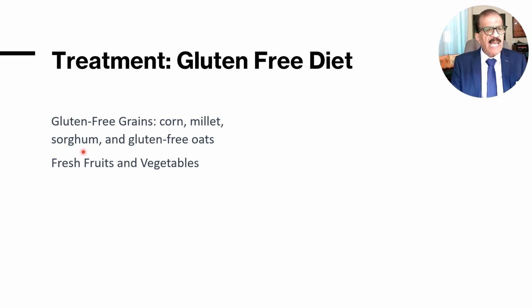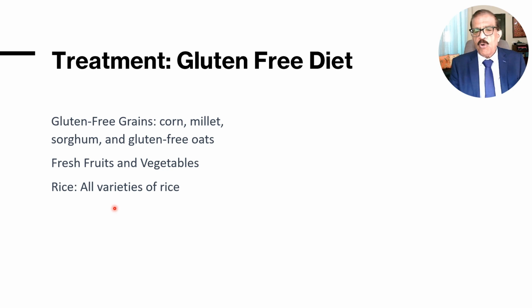I would also include rice here. If somebody cannot consume wheat, rice is a favorite dish in our country, so he can take rice, and rice can be converted to rotis also. Rice, all varieties, are gluten free. So one can take rice.